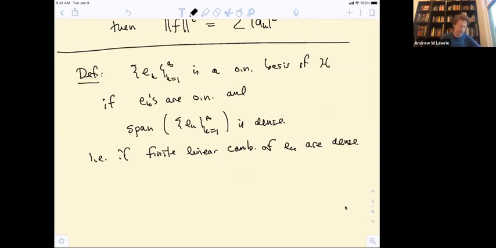All right, so this is the notion of orthonormal basis.